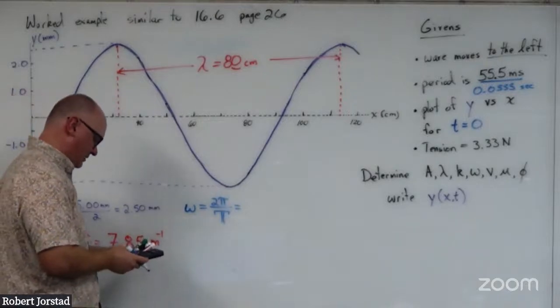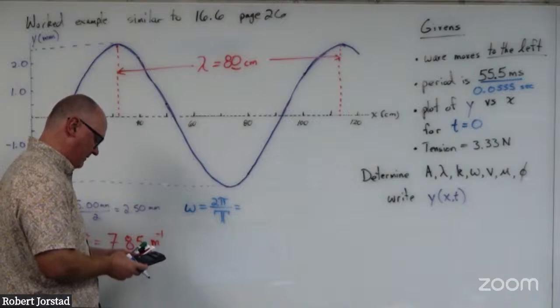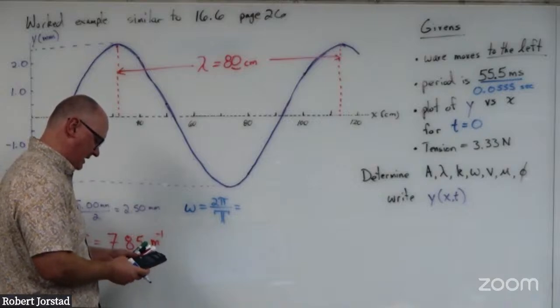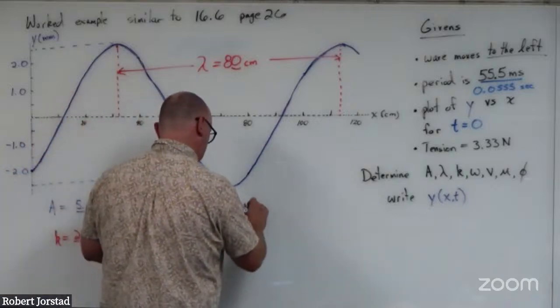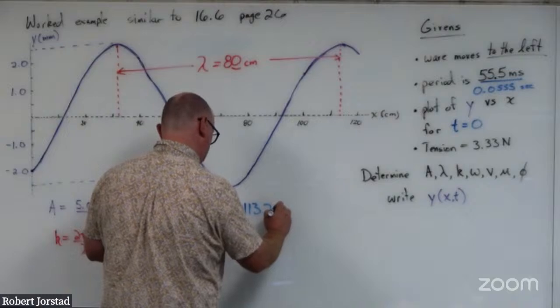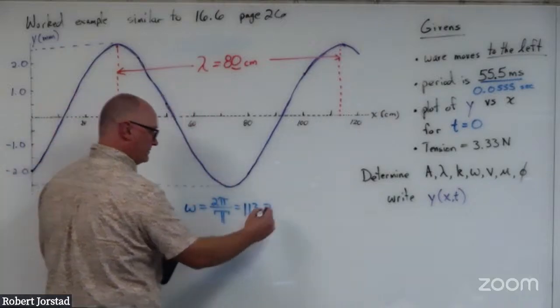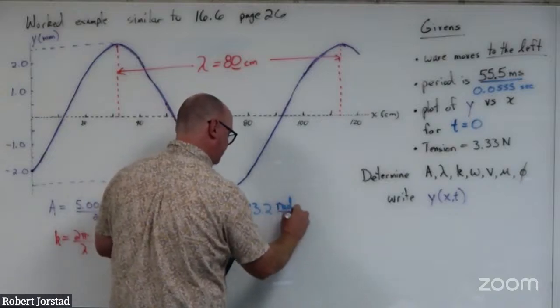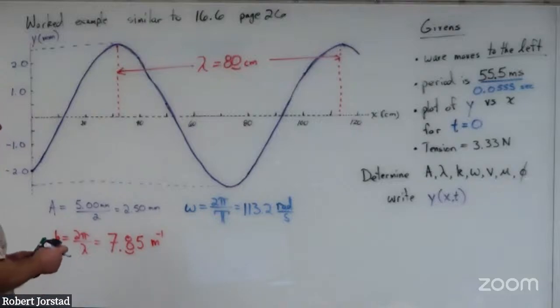Okay, so we're gonna go 2 pi divided by 55.5 e -3. I got 113.2. The units, radians per second. Making sure that's what I had earlier. Yes, that matches.